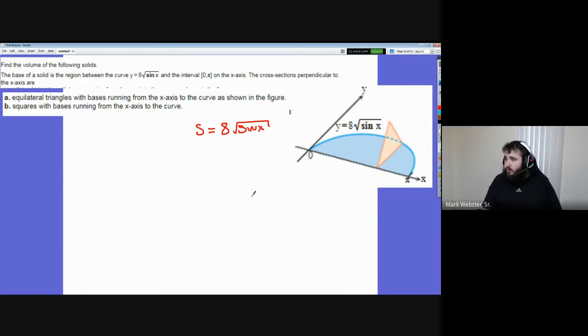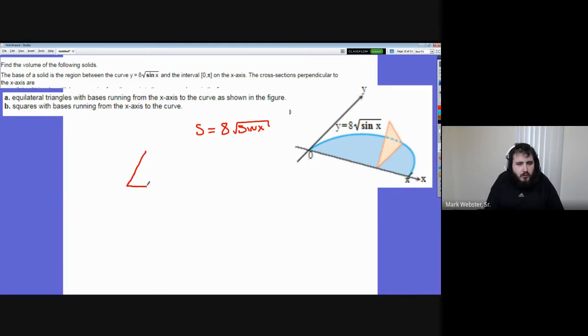Now, since we're dealing with a triangle, it's not going to be side squared anymore, right? The area of a triangle is 1/2 base times height. We've got the base. Now we just need the height of the equilateral triangle.